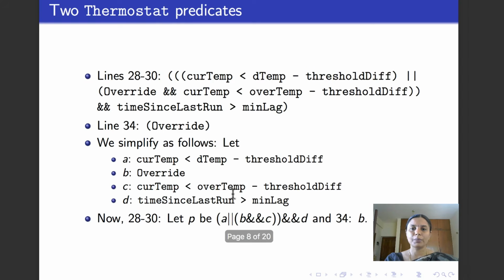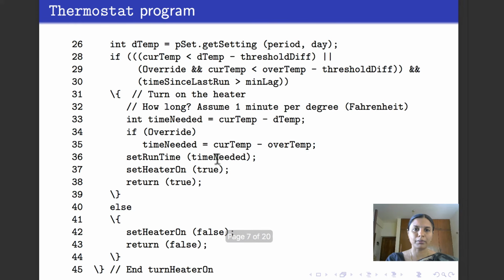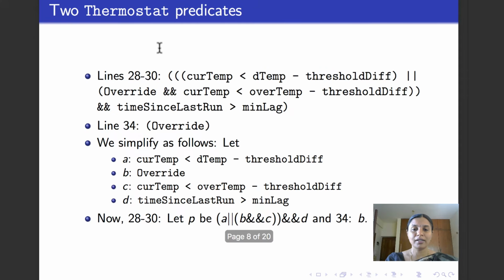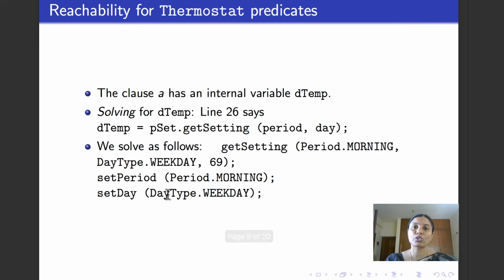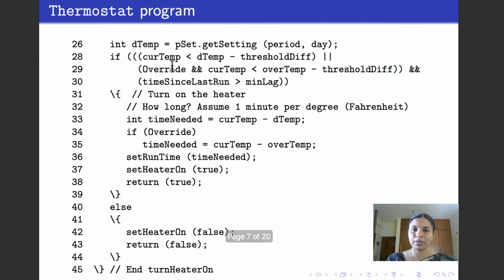So now if you look at this predicate, it has one internal variable called dtemp. We'll go back to the code for a minute. Remember here, dtemp is an internal variable that was local to the method turn heater on. The rest of the variables in these predicates are all inputs and outputs. So as I told you, we have to be able to do reachability first, which means we have to be able to solve and make sure that the predicate occurring in these lines is actually reached.